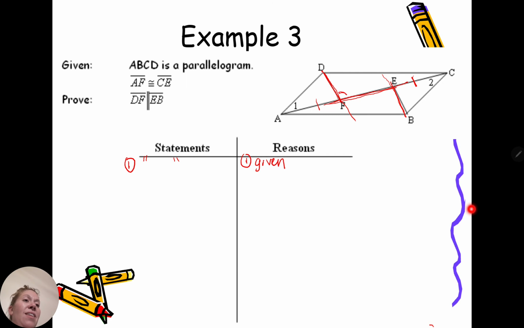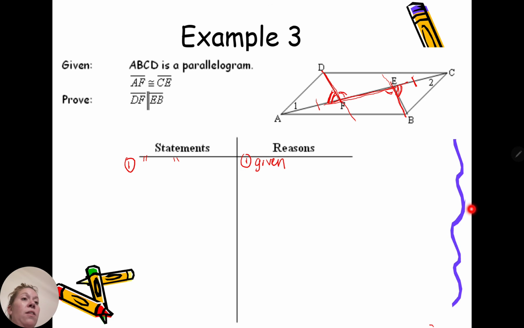If I can get this angle and this angle congruent, those are alternate interior angles. Or if I can get this angle and that angle congruent, those are alternate exterior angles. That'll do it as well. I think we can do that pretty easily. So let's go for trying to prove DFA is congruent to CEB.